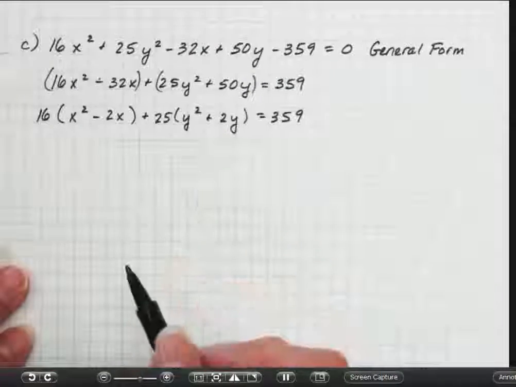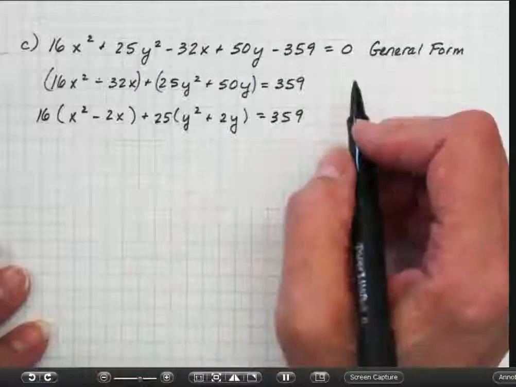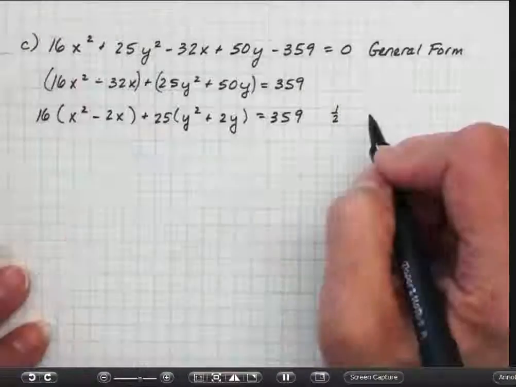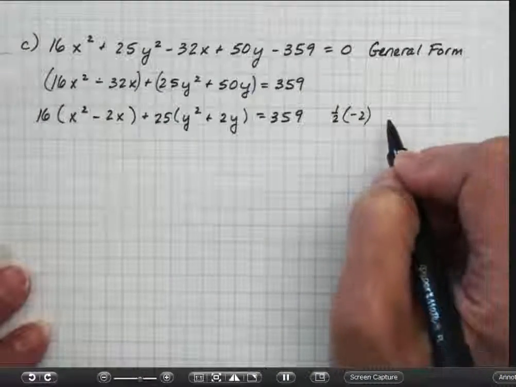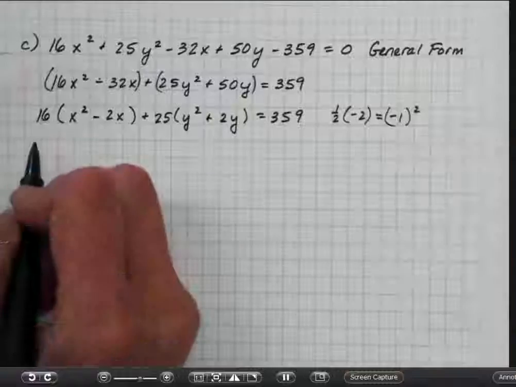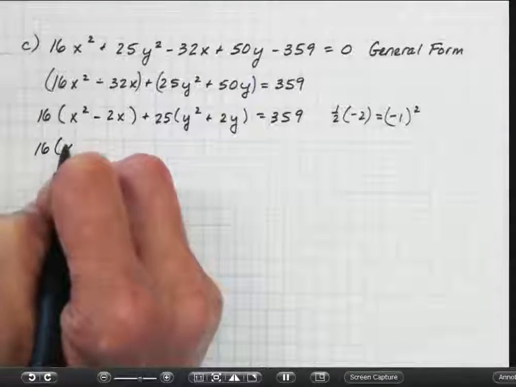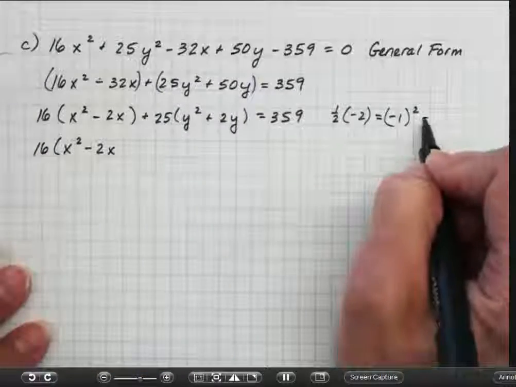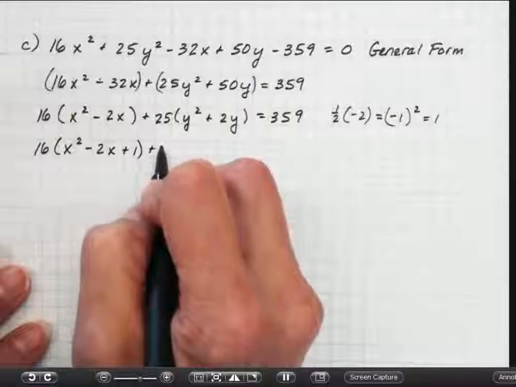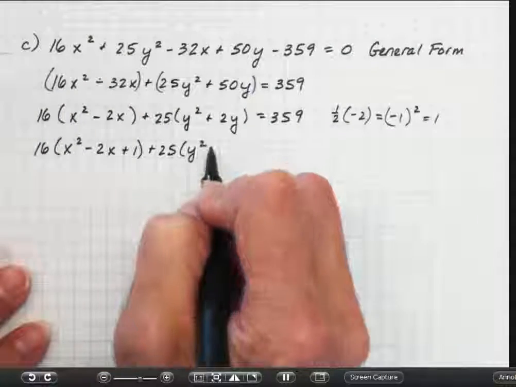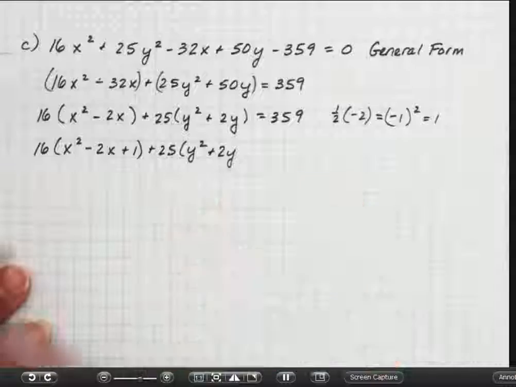So remember, we need to take 1/2 of b, which for the x's is -2, gives me -1, and then I need to square it. So with my x's, I should have x squared minus 2x plus 1. For my y's, I'm going to have y squared plus 2y plus what?